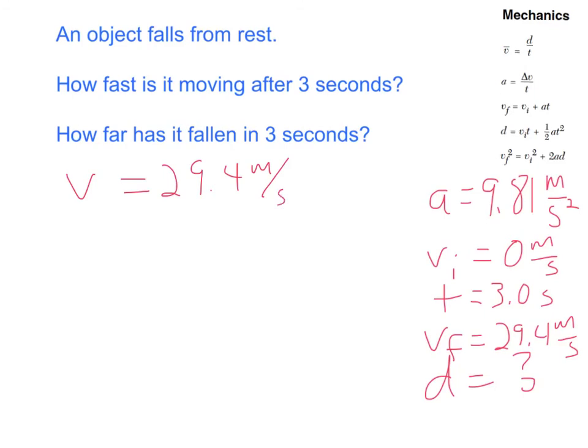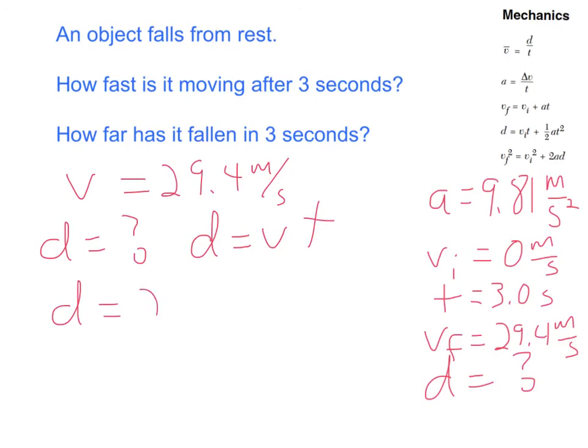So sometimes people will come from having figured this number out, and then the question is, how far has it fallen? So people will look at this formula and say, well, distance is speed times time.